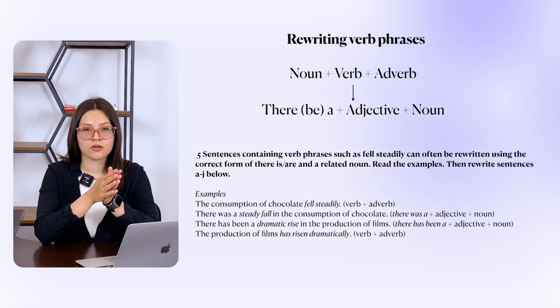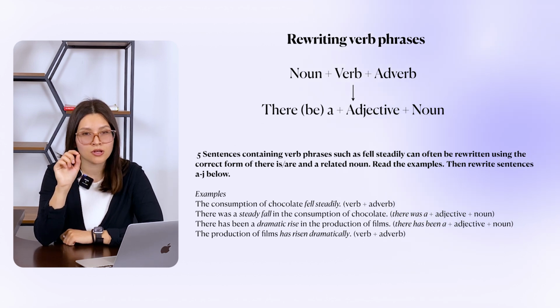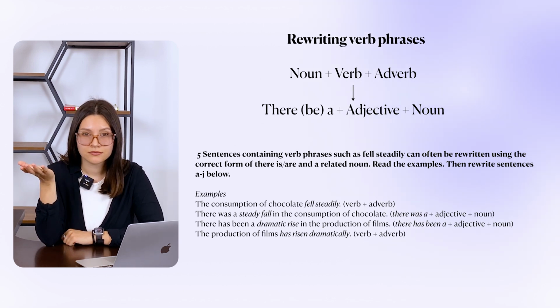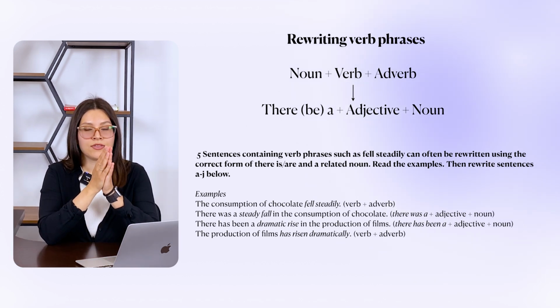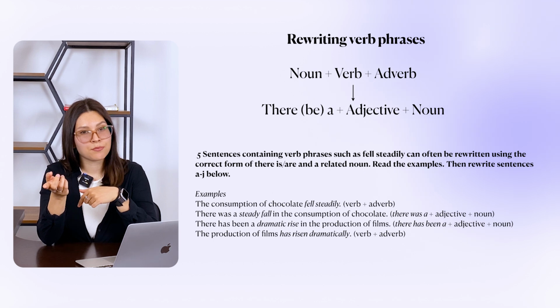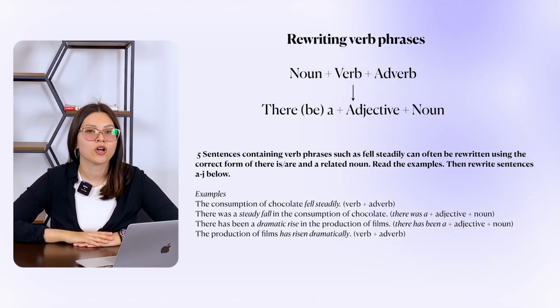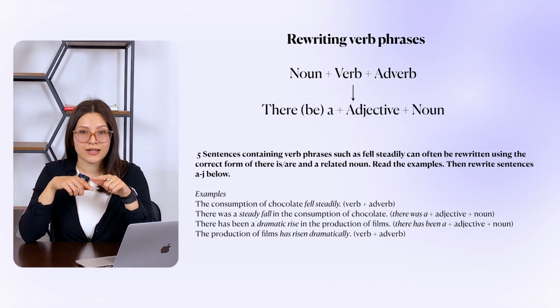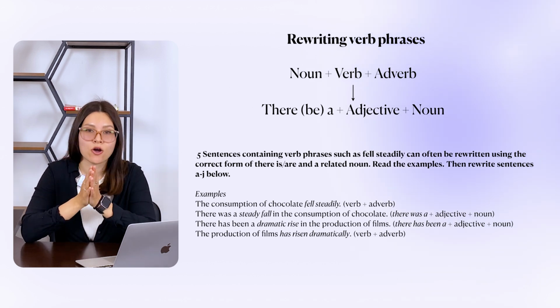Now let's talk about there is, there are, if it's present tense. Usually the formula looks like there, verb be, adjective plus noun. We've discussed the example. Now let's change the same example using there was. There was a steady fall in the consumption of chocolate. What has changed? Now the sentence starts with there was, and you also rewrite the part with verb and adverb, which becomes your adjective and noun, meaning there was a steady fall.